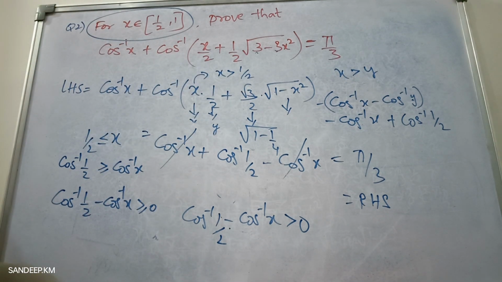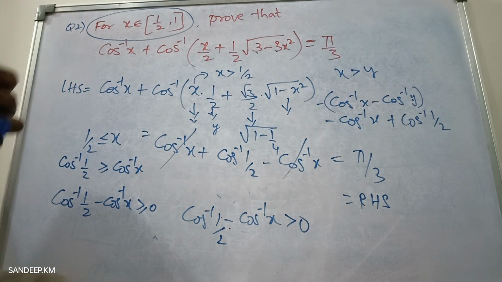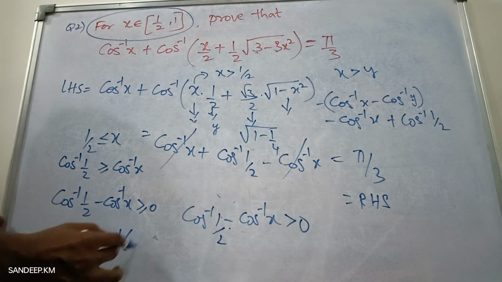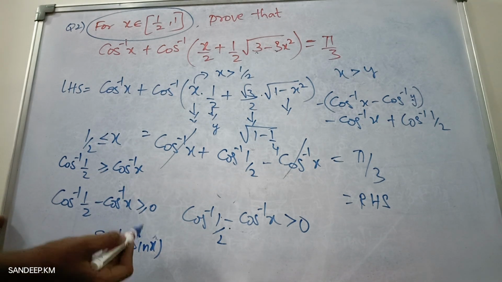Okay. So this is about today's video, and the upcoming videos are very important. Why is the upcoming video very important, dear students? We will discuss the graphs of sin inverse of sin x, cos inverse of cos x, tan inverse of tan x.